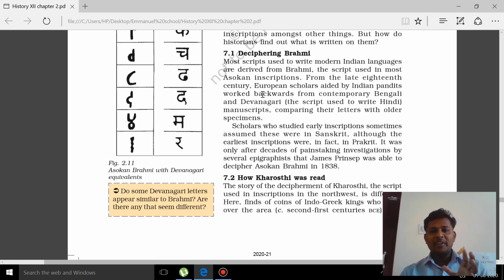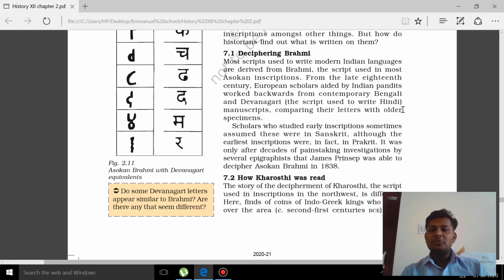This script is very widely used in Ashokan inscriptions, very important. From the late 18th century, European scholars aided, that means helped, by the Indian Pandits of that time, worked collaboratively together to understand this. European scholars aided by Indian Pandits worked backwards, going back to read the inscriptions of olden times, starting from the contemporary Bengali and Devanagari.